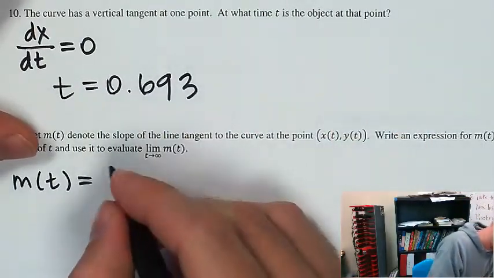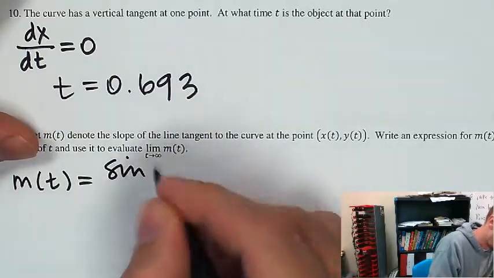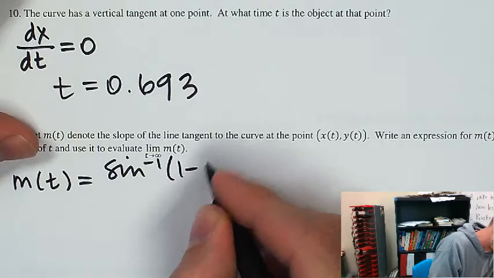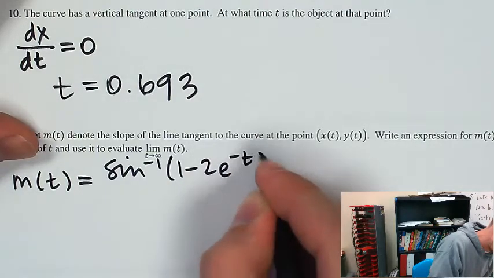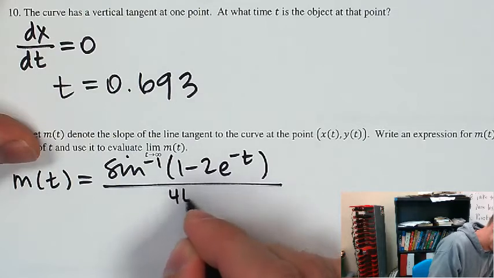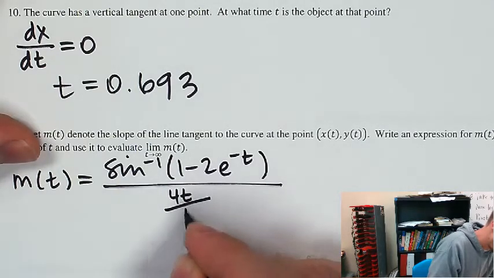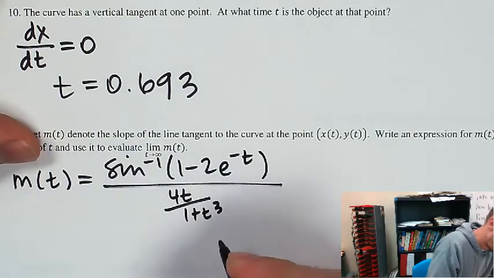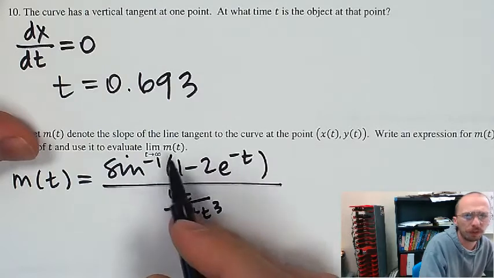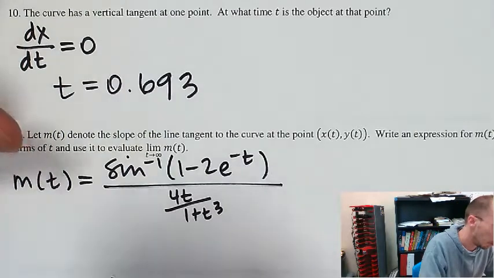Yeah, you can copy it if you want, or you can write 1 minus 2e to the negative t divided by 4t over 1 plus t to the third. And you could call that dy dt over dx dt if you wanted.